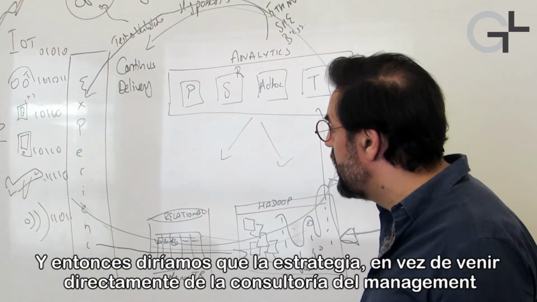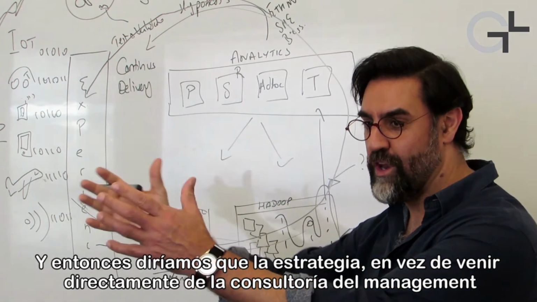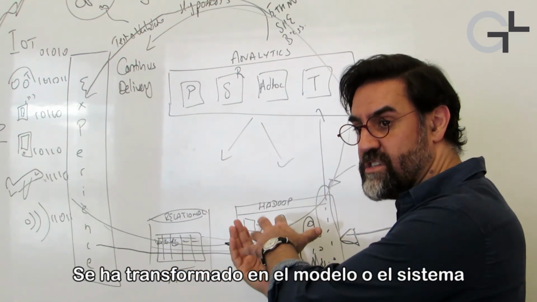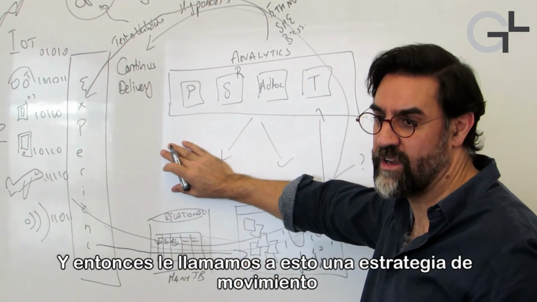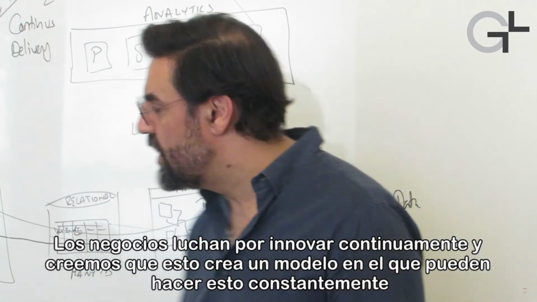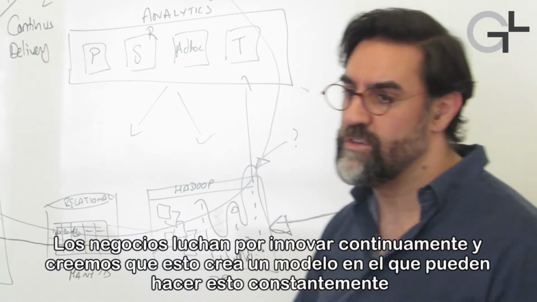And so we would say that the strategy, instead of coming purely from the management consultants, has shifted into the model or into the system. And so we call this emergent strategy. Businesses struggle to continuously innovate, and we think this creates a model where business can do this on a continuous basis.